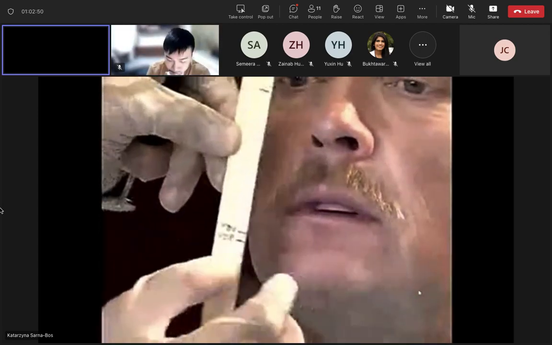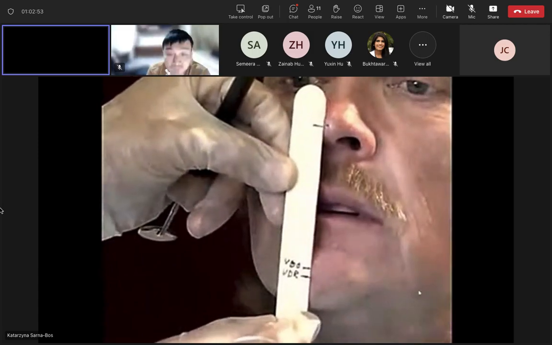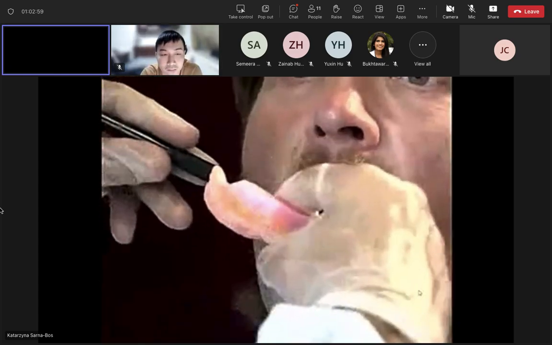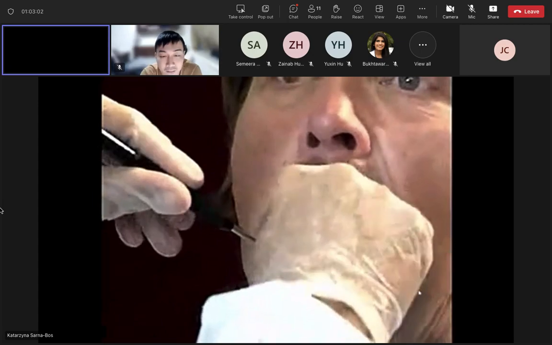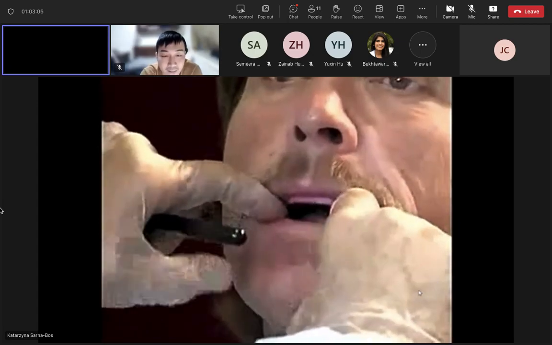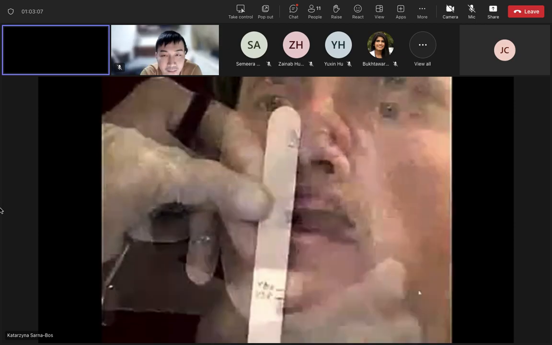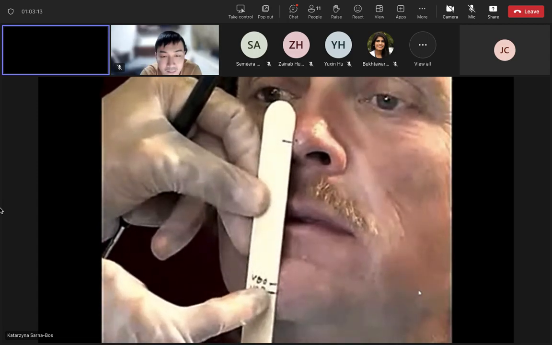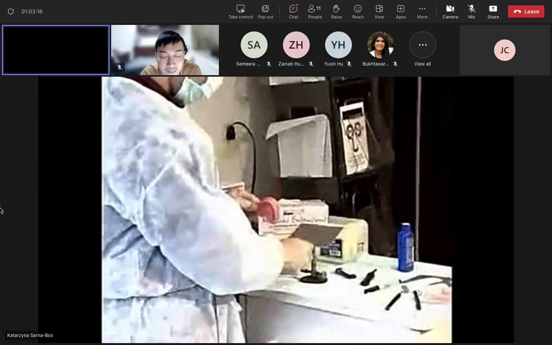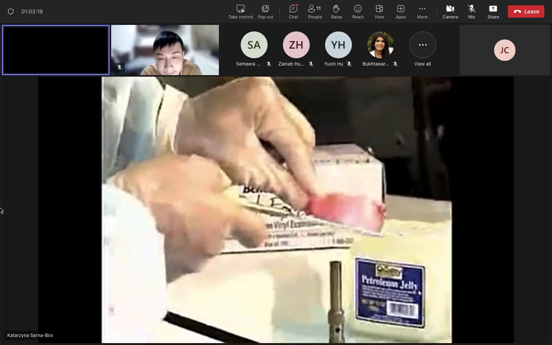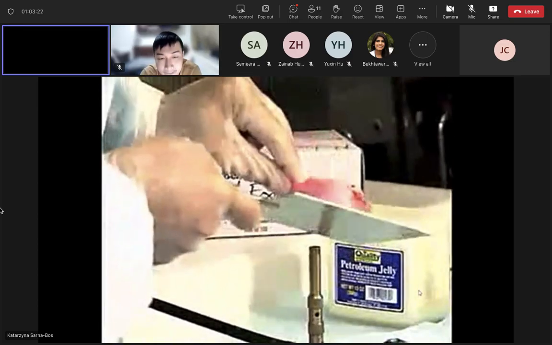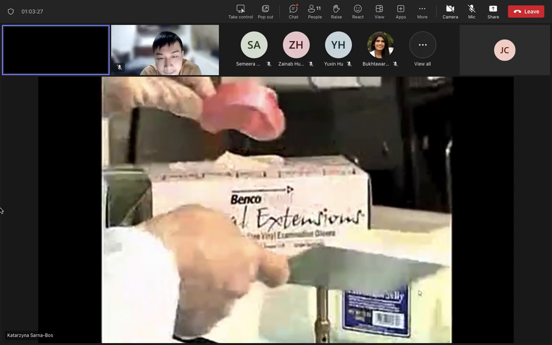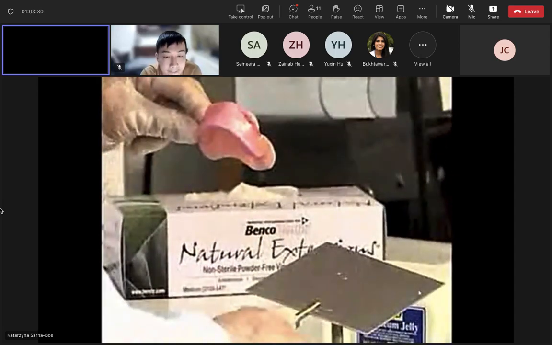This is the vertical relation of occlusion for most patients. The occlusion rim is adjusted by trimming the wax rim with a heated spatula or knife. Replace the record base in the patient's mouth and verify using the tongue blade that you have established the vertical dimension of occlusion you desire.